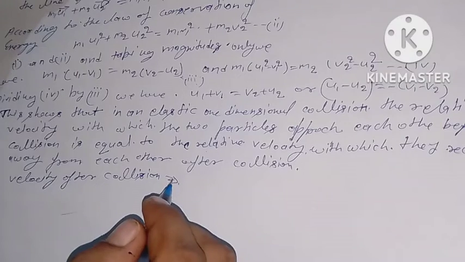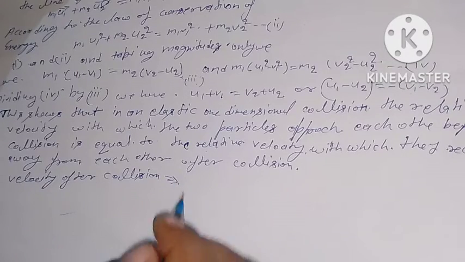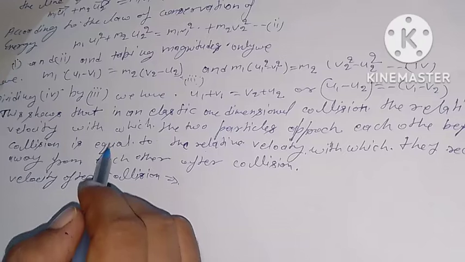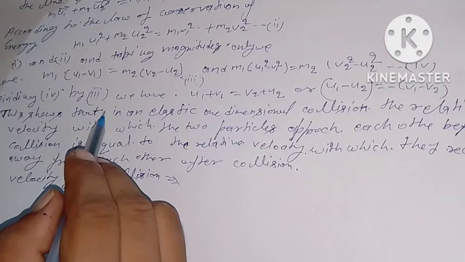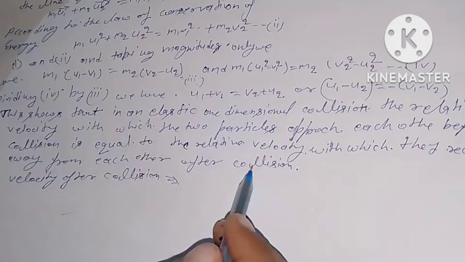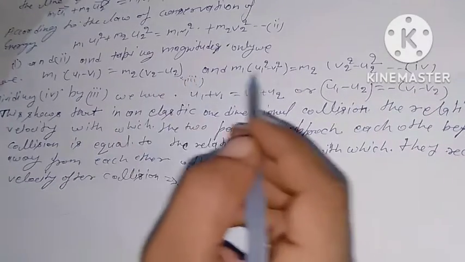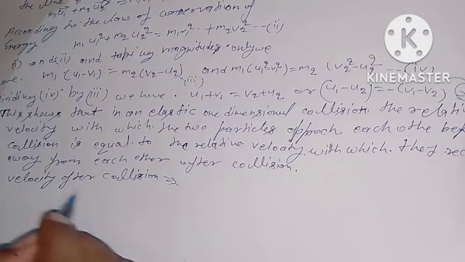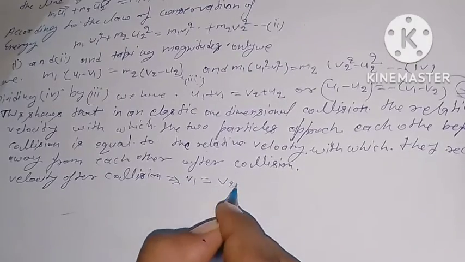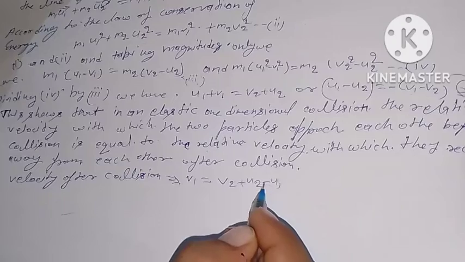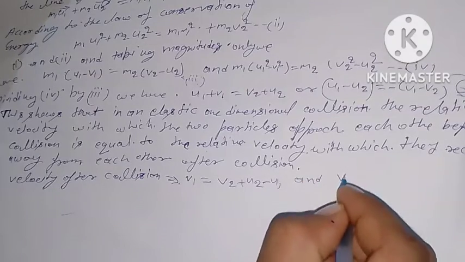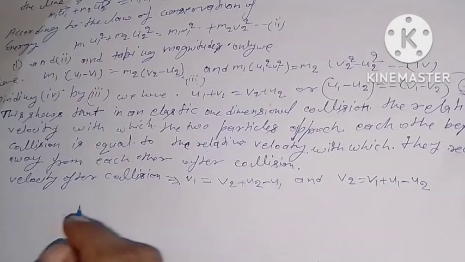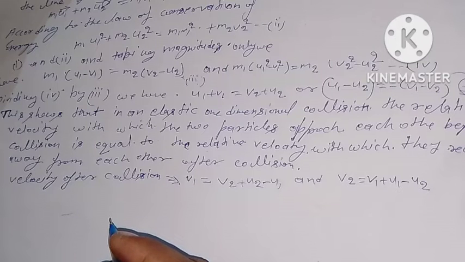From equation 5 we have v1 equals v2 plus u2 minus u1, and v2 equals v1 plus u1 minus u2.